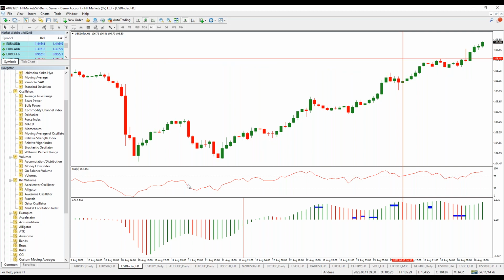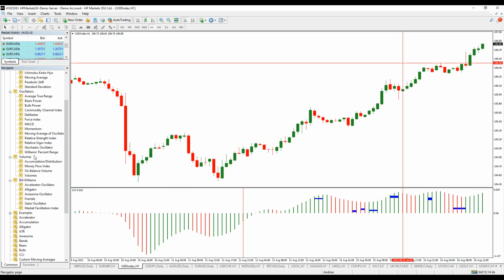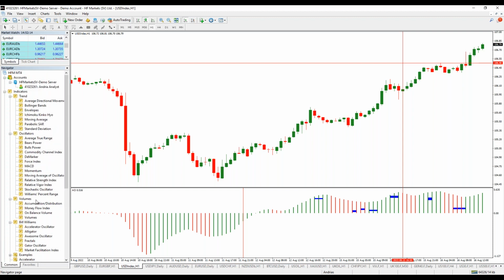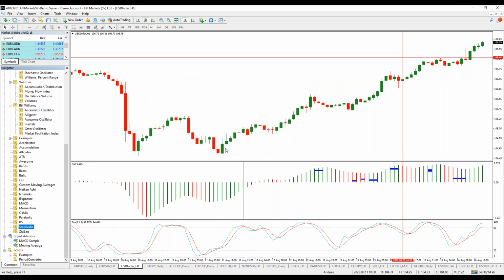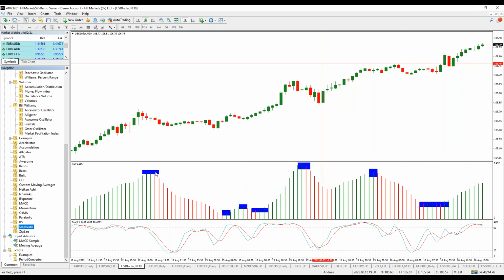So let's assume that I'm going to put over here my stochastic, sorry, 5 and 3 stochastic, which is quite good for a 30 minutes and an hour chart. So for example, over here, that rebound, we have a rebound, but the Awesome Oscillator is still red.